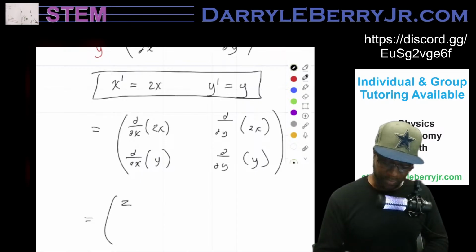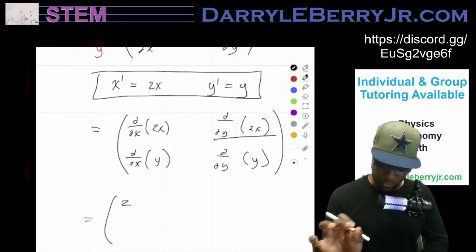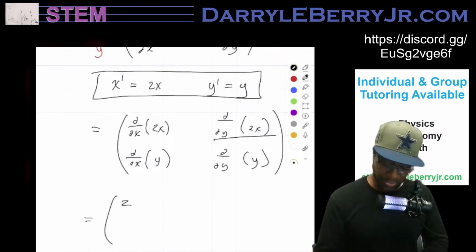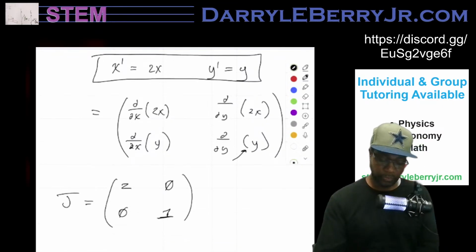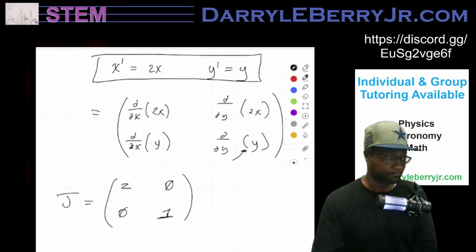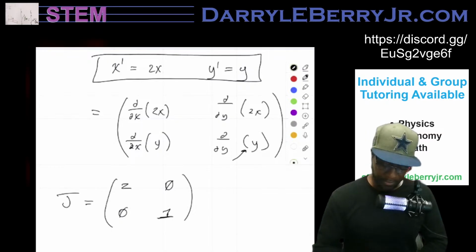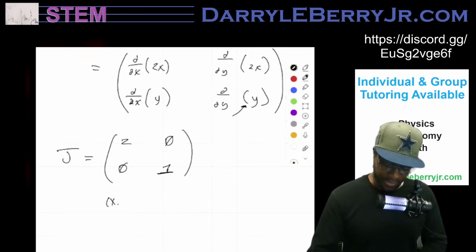Partial derivative with respect to y, and again, it's partial because it's only in that y direction, there's nothing. Partial derivative with respect to x of y is 0. And partial derivative of y with respect to y is 1. So now we have our Jacobian to change from these two coordinate systems is 2, 0, 0, 1. Right? So this is how we go from x, y to x prime, y prime.